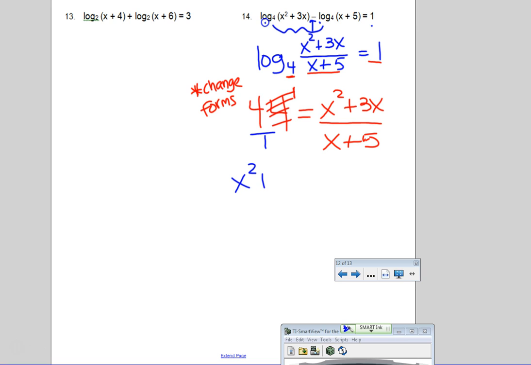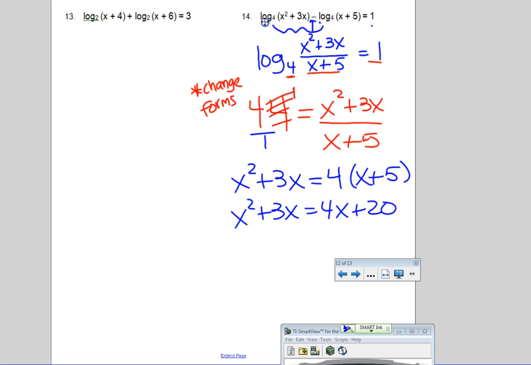x squared plus 3x equals 4 times x plus 5. Now I'm going to solve this like normal. Distribute. Quadratic equation, I want to think equals 0, so bring the terms over.